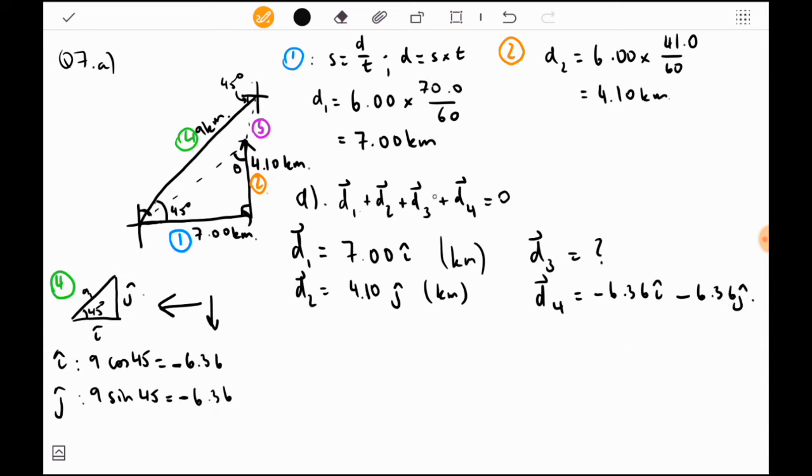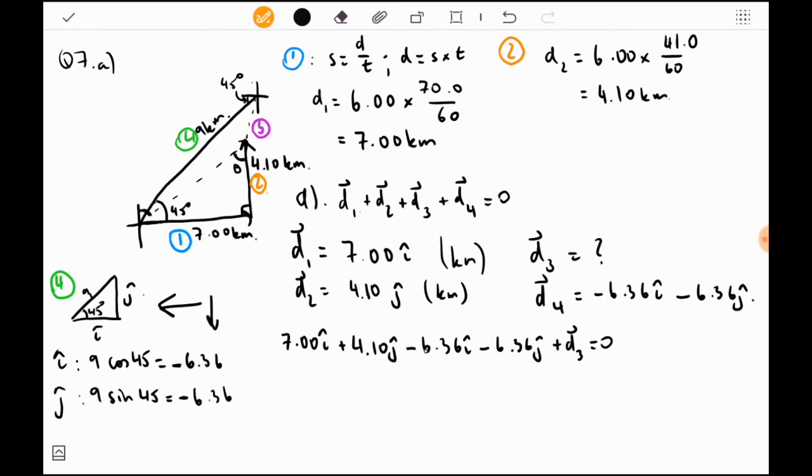Okay, so now I can rewrite this equation with these numbers. I have 7.00 i plus 4.10 j, minus 6.36 i minus 6.36 j, plus D3 equals 0. So you can see here, I can just rearrange this for D3.